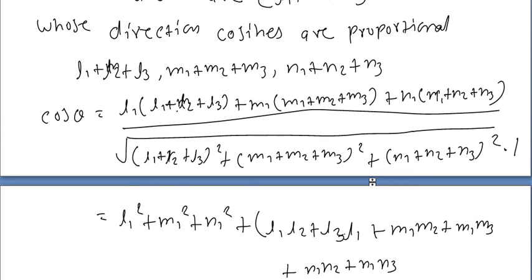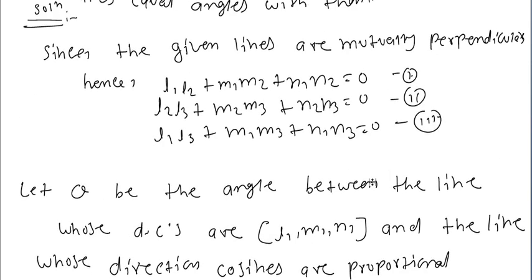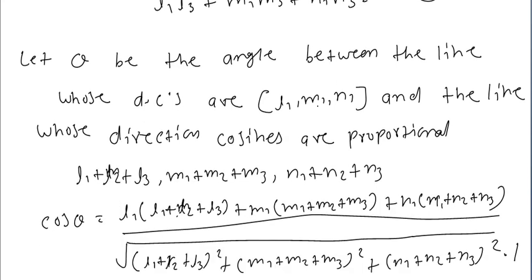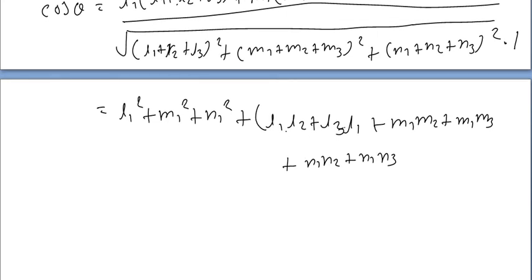Now see here, L2 L3, M2 M3 and N2 N3 sum is 0. L1 L2, M1 M2 and N1 N2 is 0, and L1 L3, M1 M3 and N1 N3 is also 0. So the numerator's value is 1.